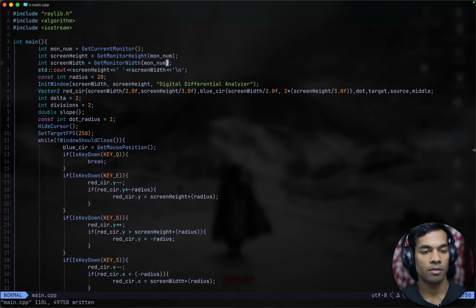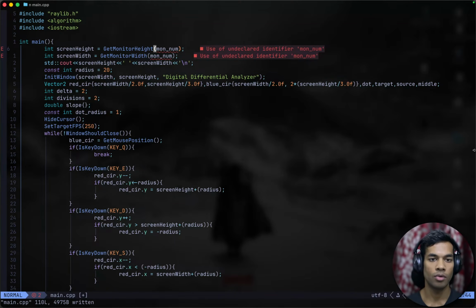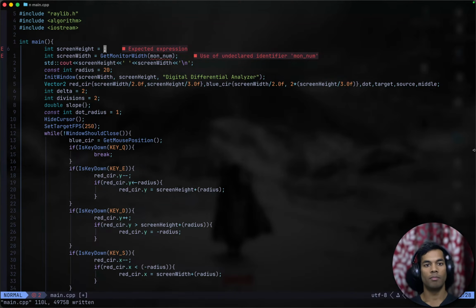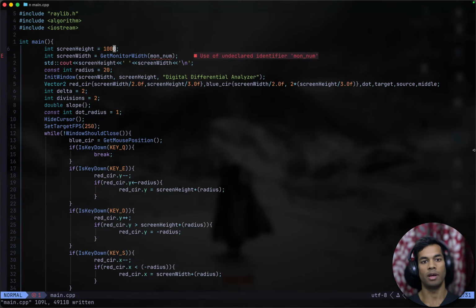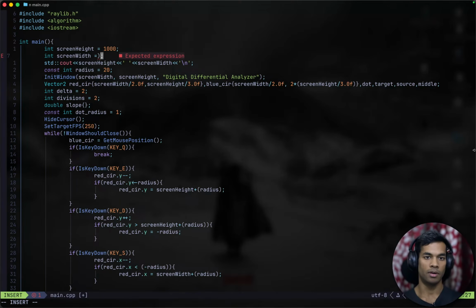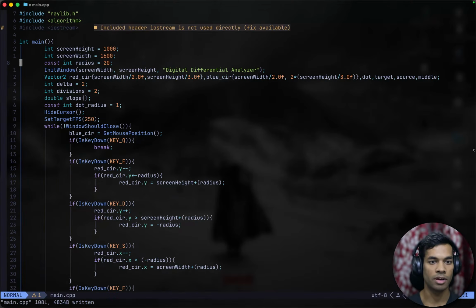Okay, I guess instead of this, we can open this with some minimum height, 1000, and then we will toggle full screen and we will get the width and height of the screen.